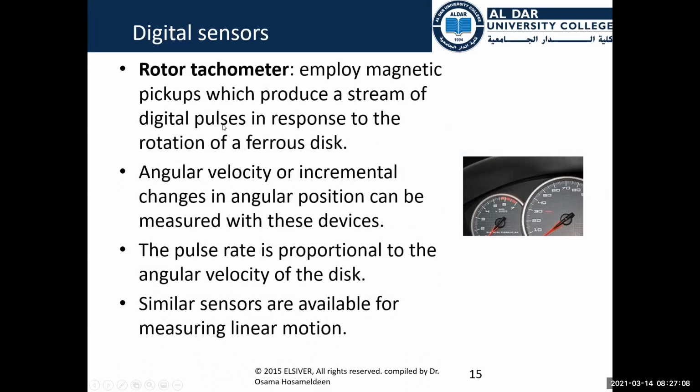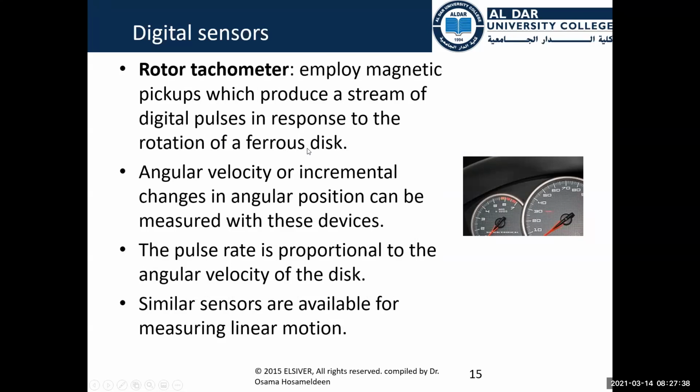Another sensor is used for speed measurement. This sensor is called a rotor tachometer. It also has magnetic field pickups and produces a stream of digital pulses in response to the rotation of a ferrous disk.